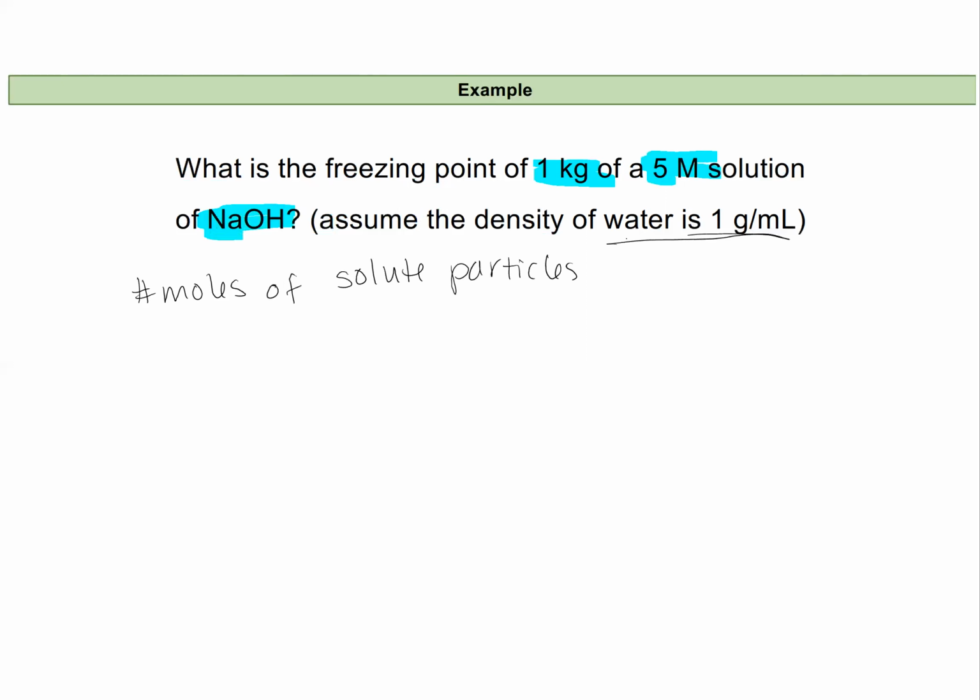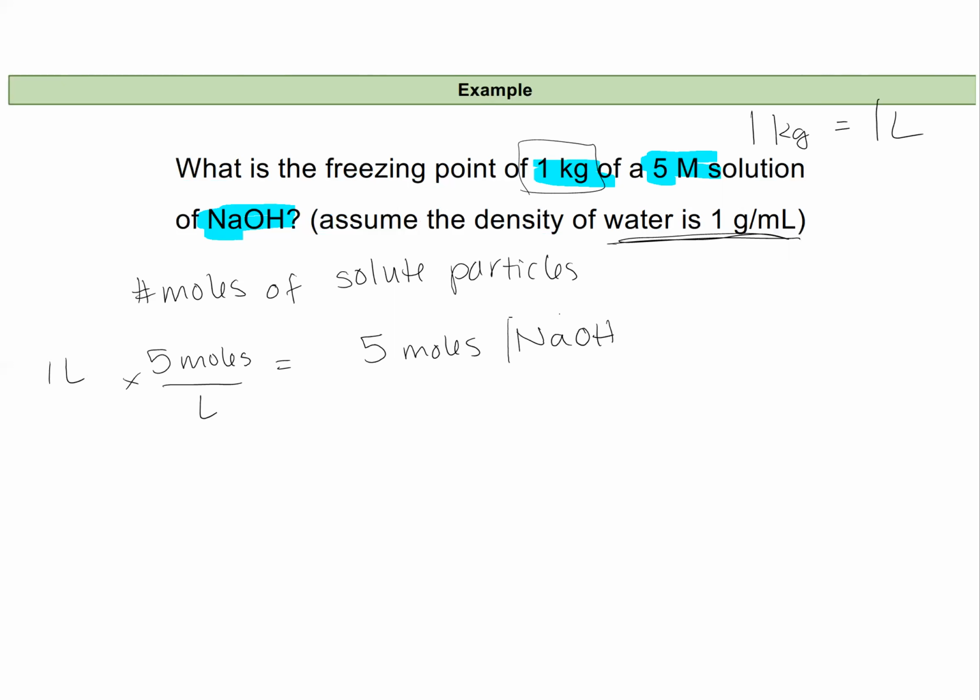When we assume the density of water is 1, it means that if we have 1 kilogram, we have 1 liter. So if I have a 5 moles per liter solution, and I have 1 kilogram of it, I really have 1 liter. So that means I'll have 5 moles of my solute, which is NaOH. Sodium hydroxide is a strong electrolyte.